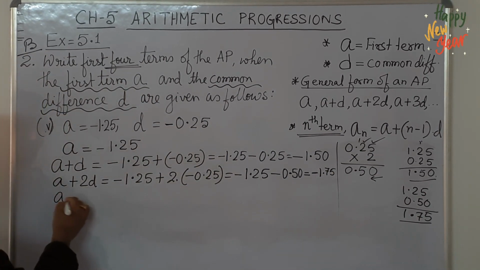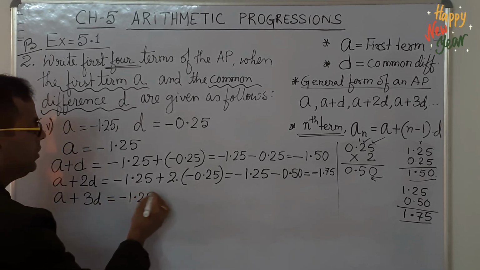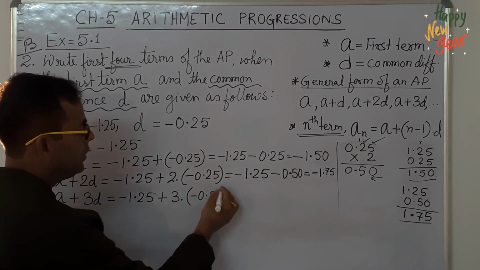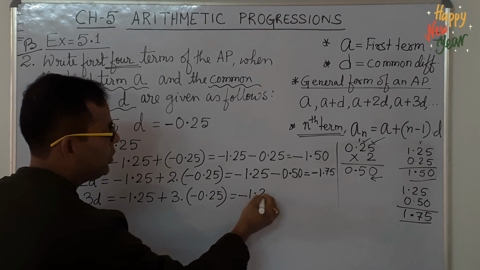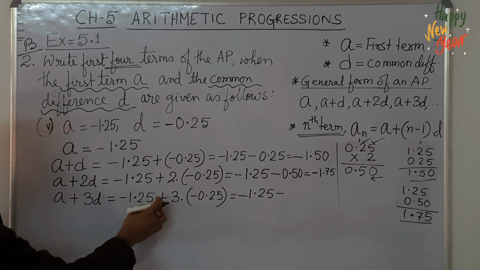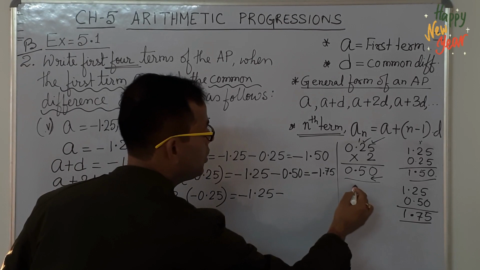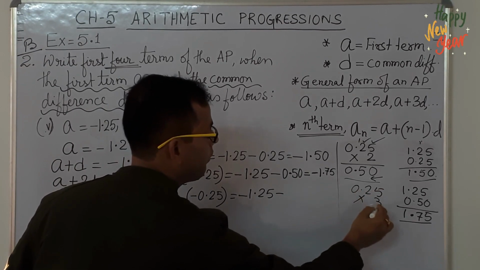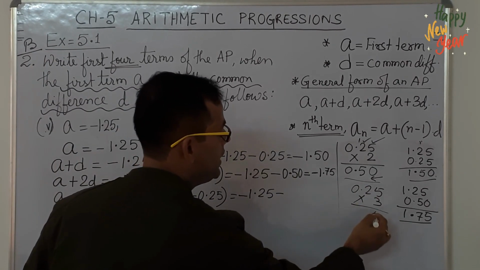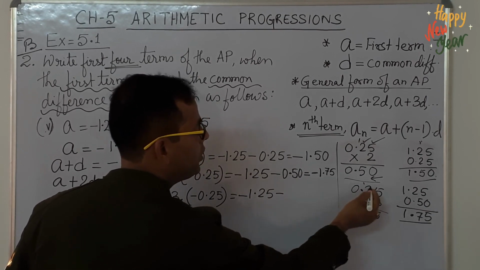Then the last one, A plus 3D. So minus 1.25 plus 3 into minus 0.25. Again same way, minus 1.25. Clear? Then minus. Now 3 into, see, plus into minus, minus. 3 into 0.25. 0.25 into 3. That means 25 into 3 is 75 only. So 0.75. 3 5s are 15. 1 carry 3 to the 6 plus 1, 7. And I told you after point 2 digits are there.